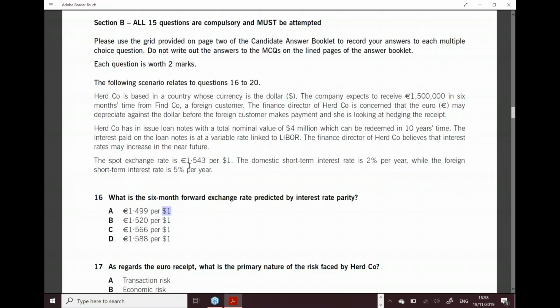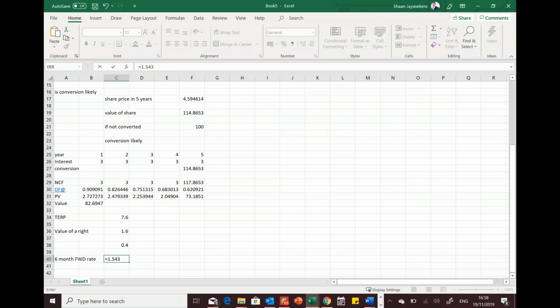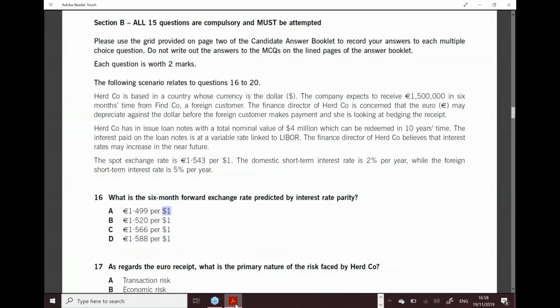Do I have it? The spot exchange rate is 1.543. So that's what I need. So that is 1.543 into, now the base, remember, was the dollar. So I need the 6-month rate of the euro.